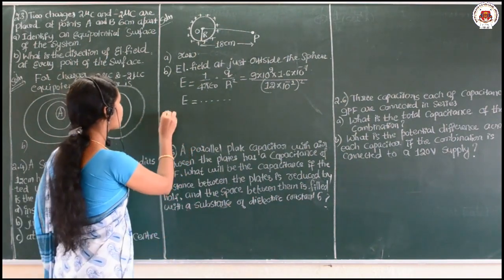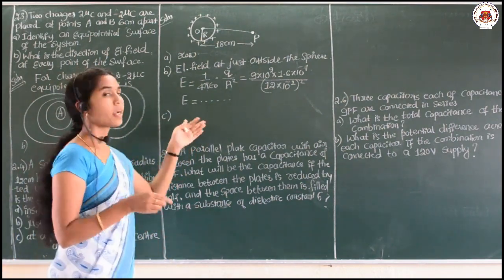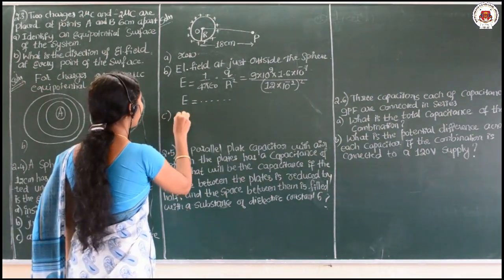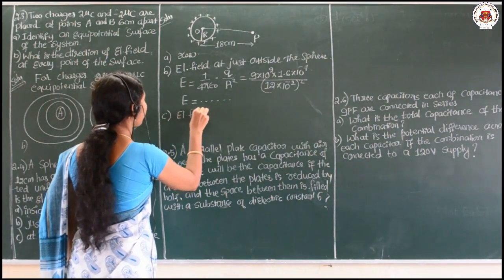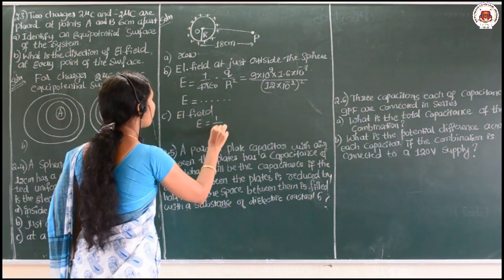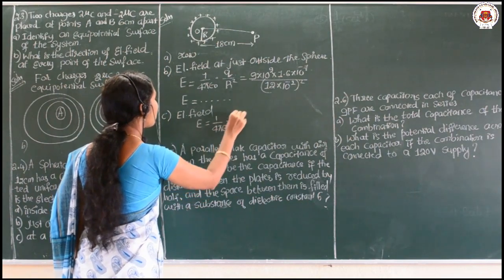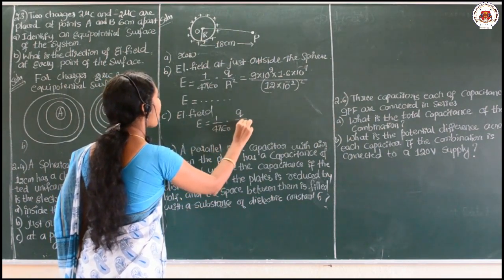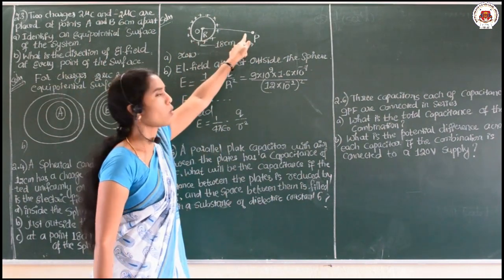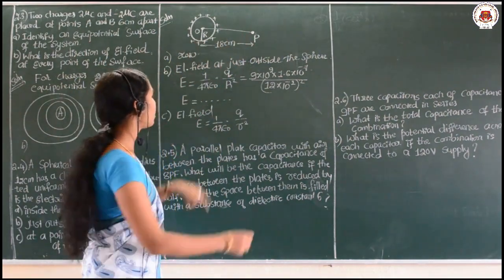The next question is, at a point outside the charged sphere, the electric field is given as E is equal to 1 upon 4 pi epsilon naught Q upon r square, because this is taken as a small r. So, small r value is how much?